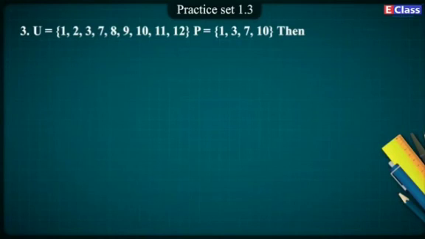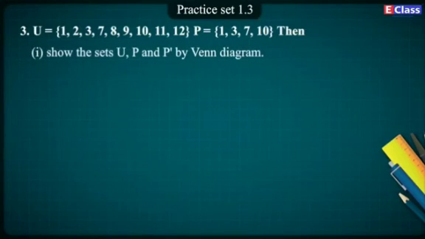P is equal to {1, 3, 7, 10}. Then 1. Show the sets U, P and P complement by Venn diagram. 2. Verify that complement of P complement is equal to P.